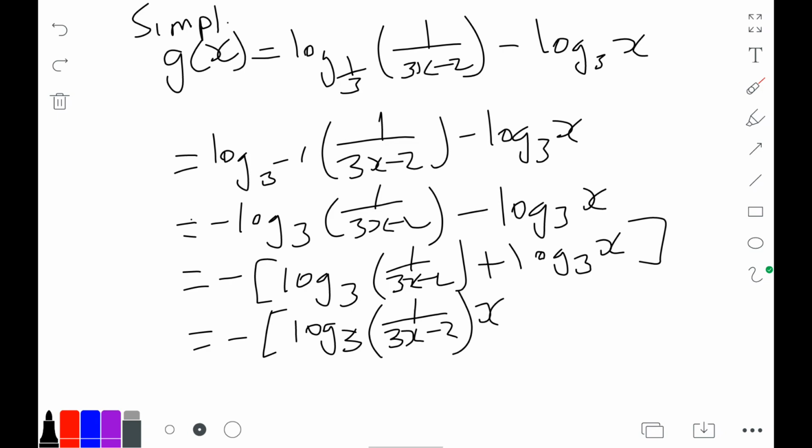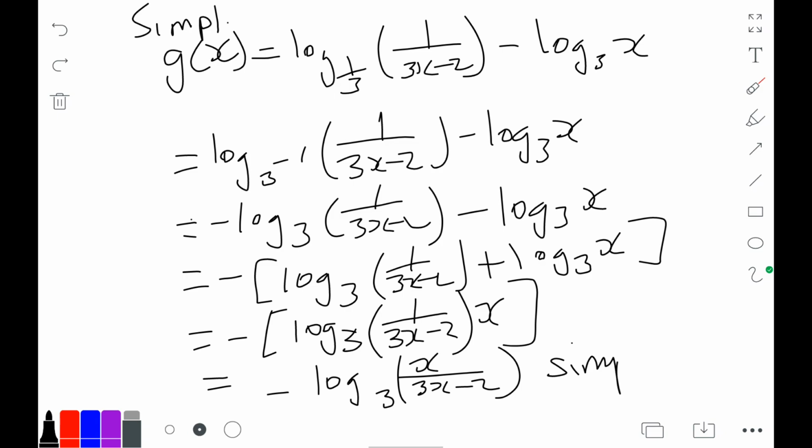Now the final step is just that this equals log of 3x minus 2. So you have simplified it. This is how you simplify the expression.